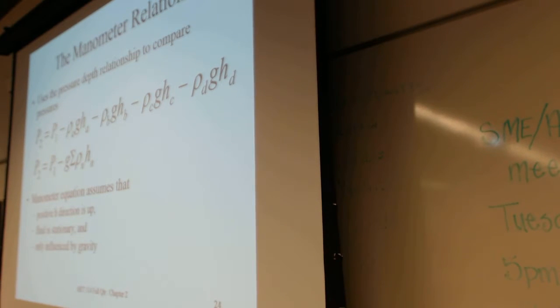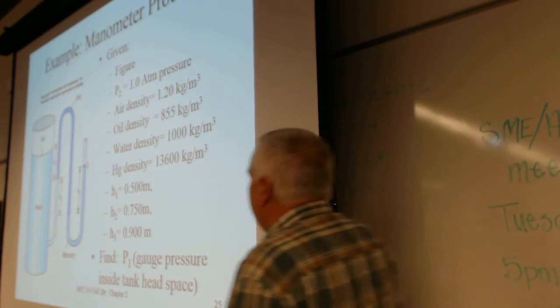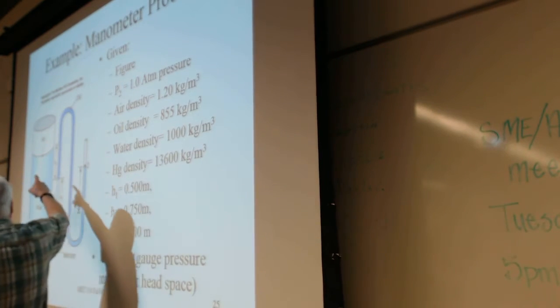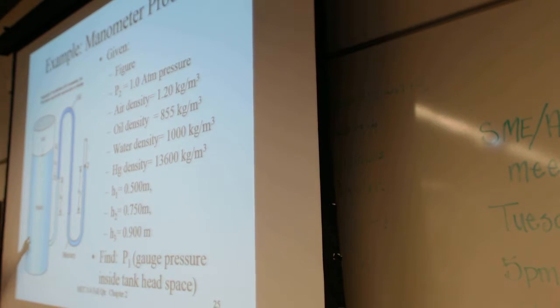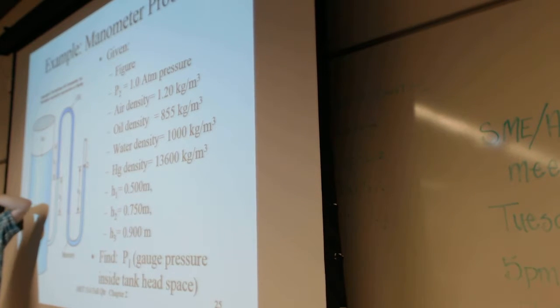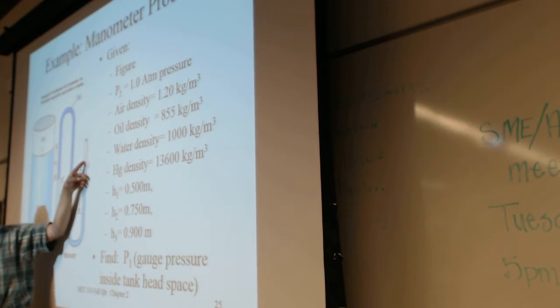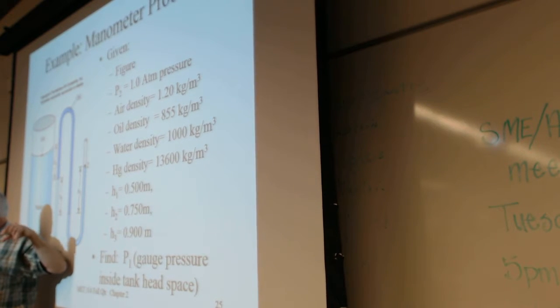This is a method you can use to answer a question like this. I want to know what the pressure in the air is here. I want the gauge pressure, because this is open to the atmosphere, so I'm measuring relative to the atmosphere.